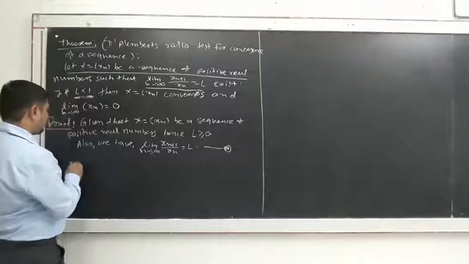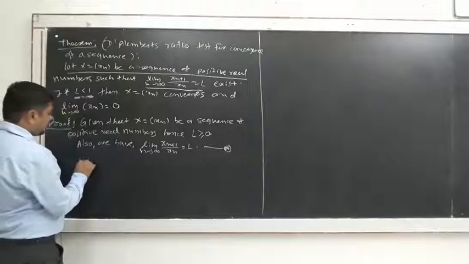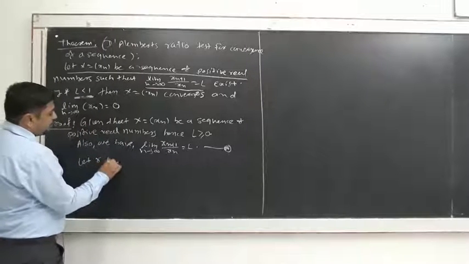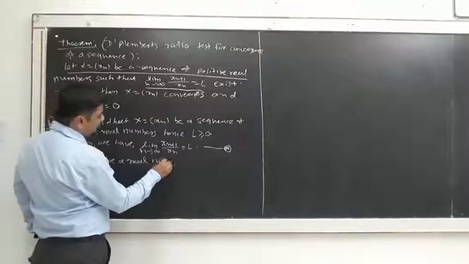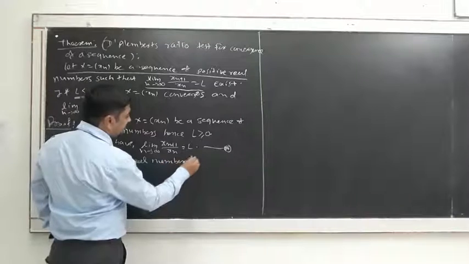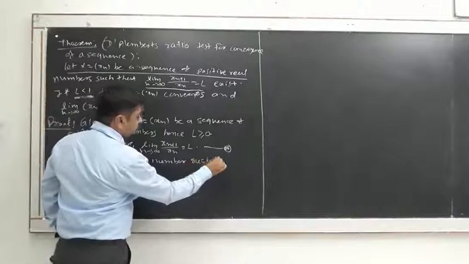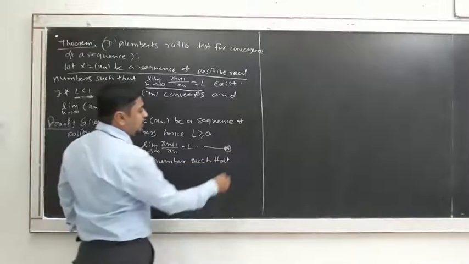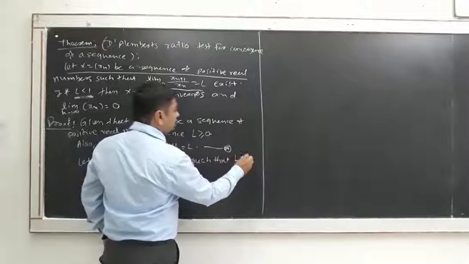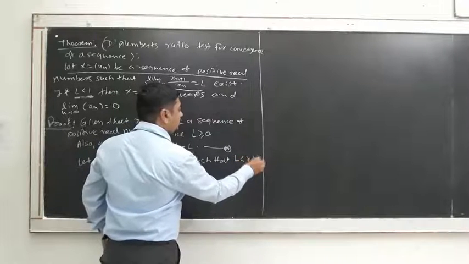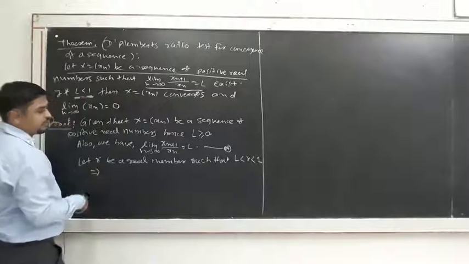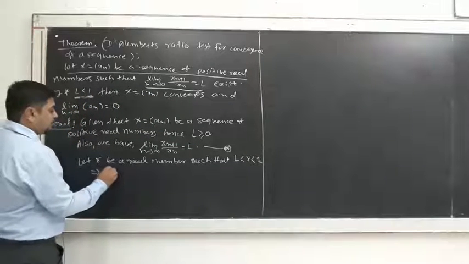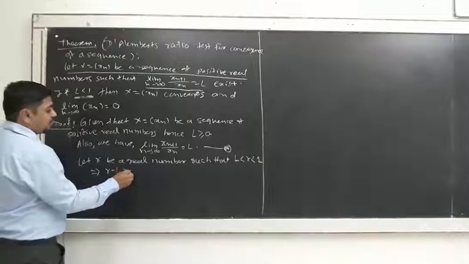Okay, so let r be a real number such that L is less than r, which is strictly less than 1. And this implies that r minus L is greater than 0.